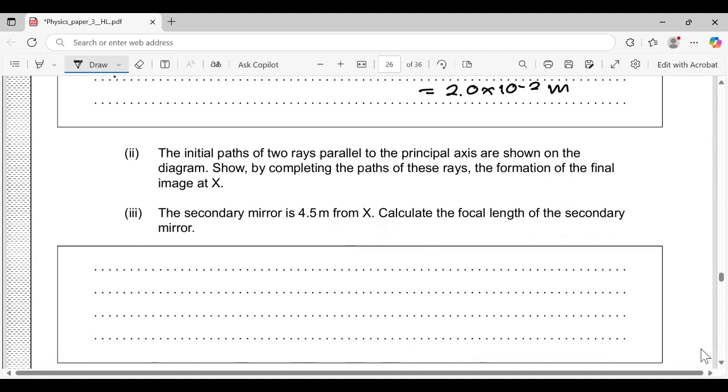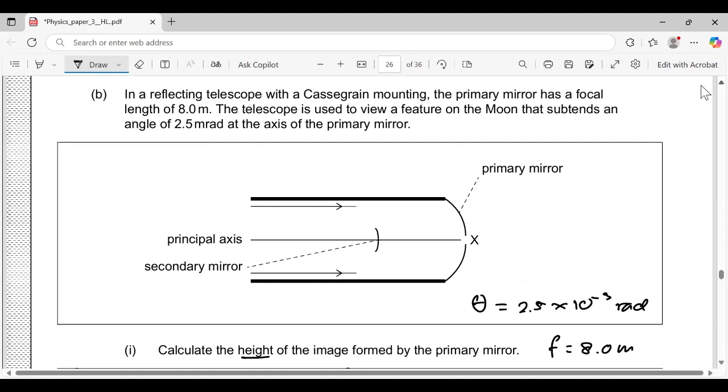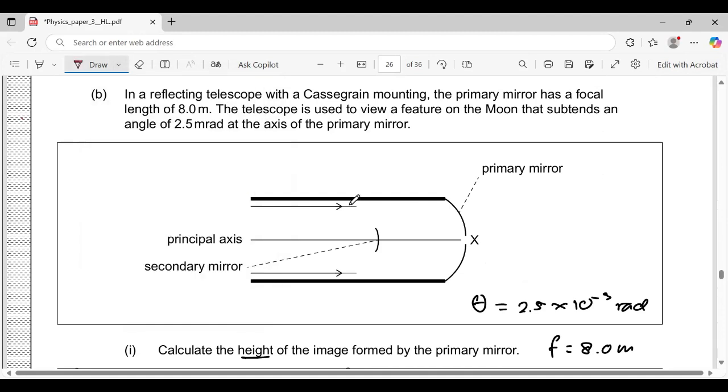Show, by completing the paths of these rays, the formation of the final image at X. Okay, we're going to continue to sketch these rays. So these rays go to this primary mirror in a straight line, and after that to the secondary mirror as well, and so on.